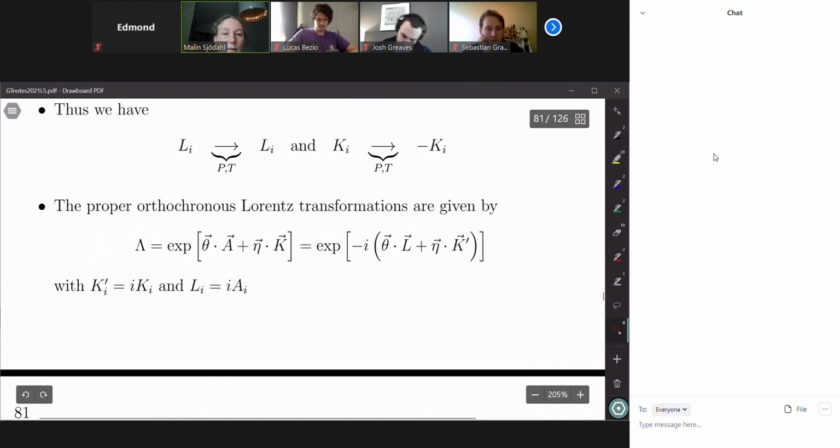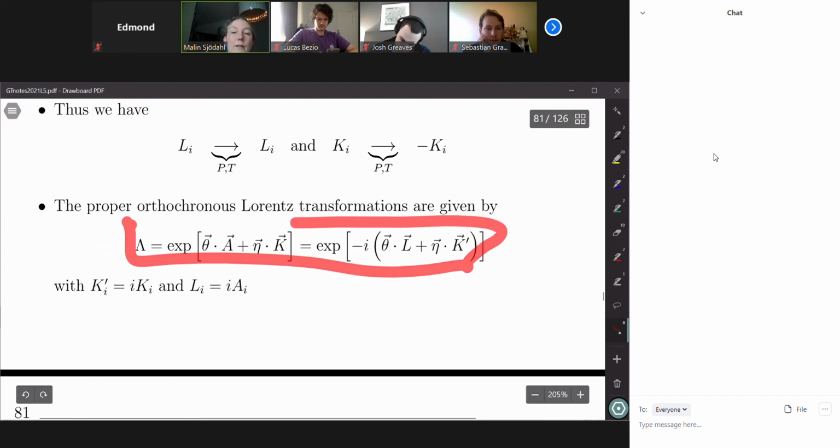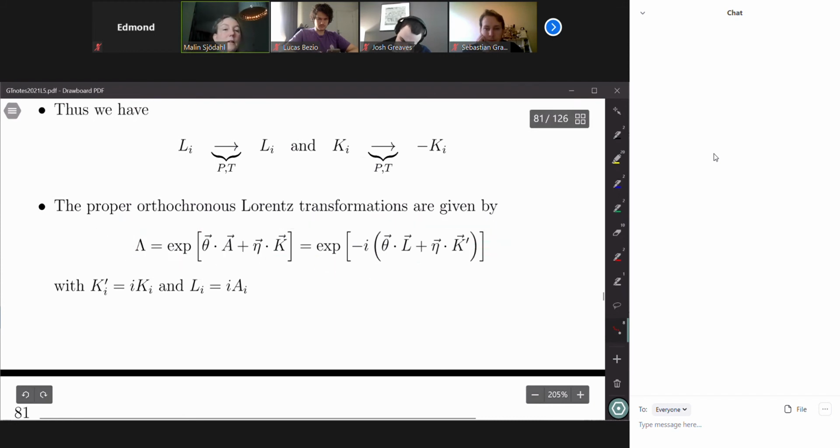So to conclude, the Poincare orthochronous Lorentz transformations can be written in this form, either with no i in the generators, the mathematician's convention, or with minus i, and this is actually what we will build on for the other representations.